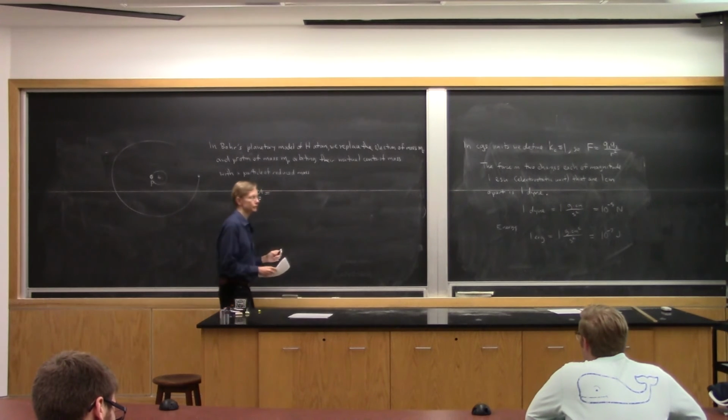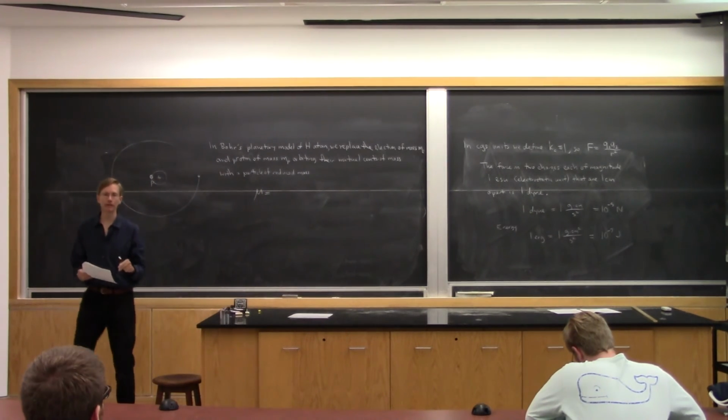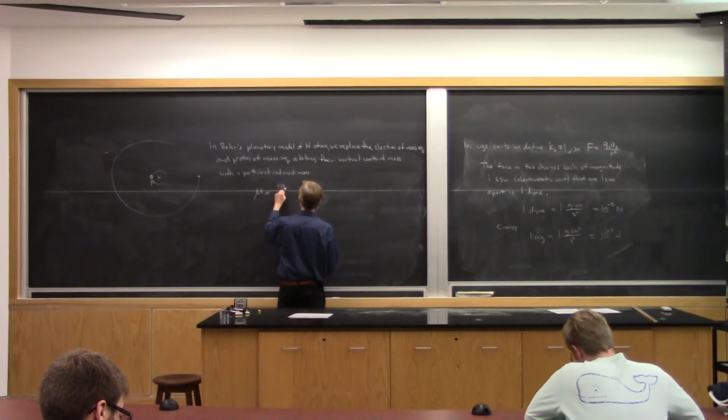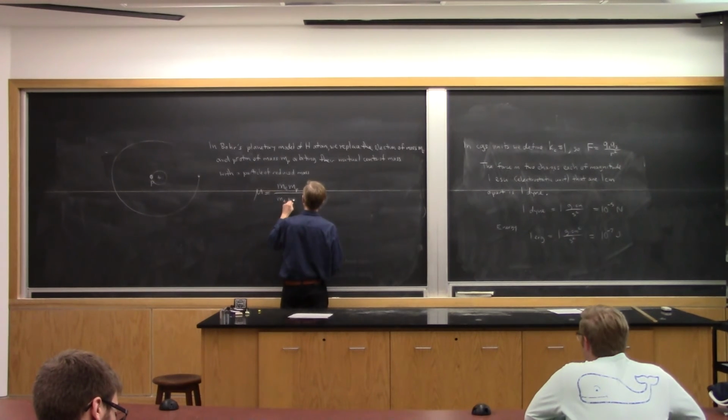So as usual, the reduced mass is the product of the masses divided by the sum of the masses. So mu will be m_e m_p over m_e plus m_p.